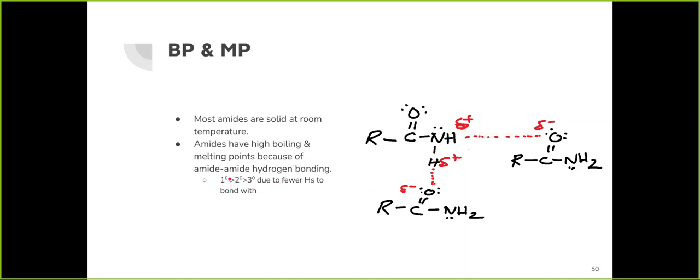But a primary amide is going to have higher boiling and melting points than secondary, and secondary will be higher than tertiary because you've got fewer hydrogens to bond with. So if this is an R here instead of a hydrogen, then you're not going to have any bonding going on over here, right? And so that means that a secondary would have fewer opportunities for hydrogen bonding than a primary. And then a tertiary, of course, doesn't have any hydrogens to bond with.